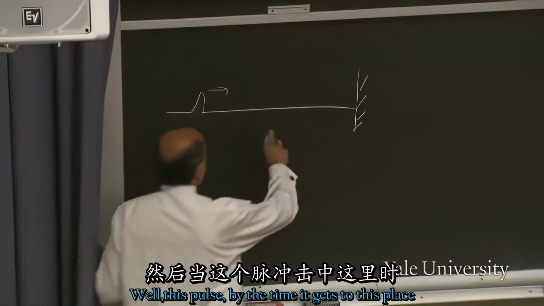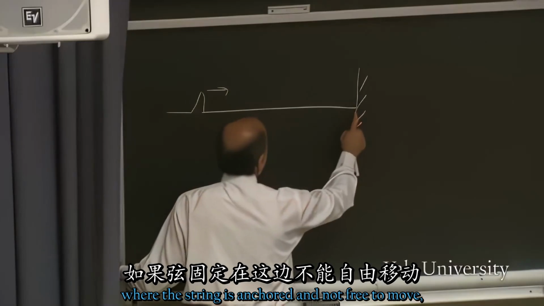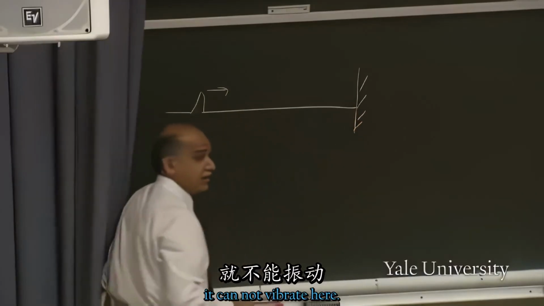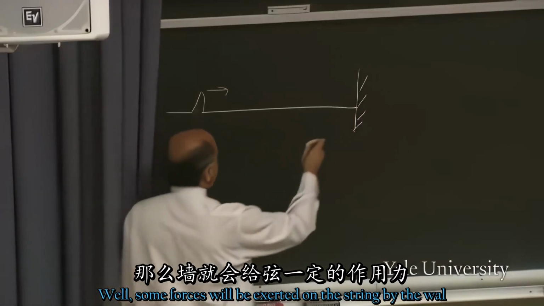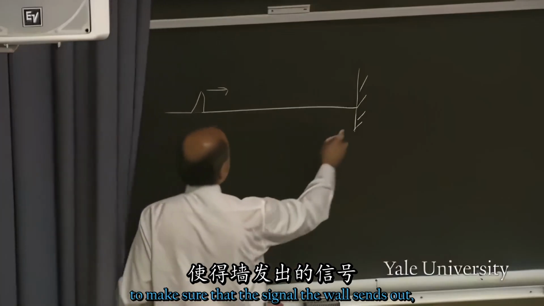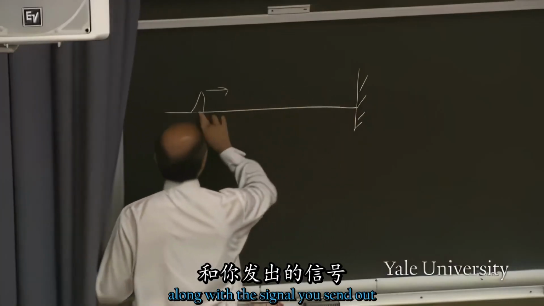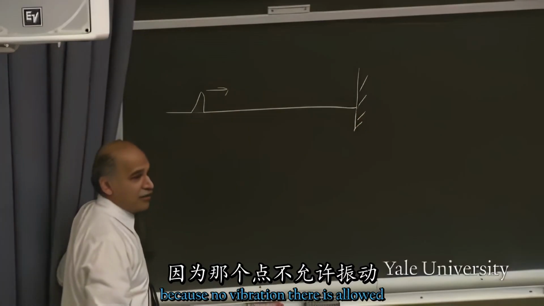Well, this pulse, by the time it gets to this place where the string is anchored and not free to move, it cannot vibrate here. So how is that going to happen? Well, some forces will be exerted on the string by the wall to make sure that the signal the wall sends out, along with the signal you send out, add up to 0 at the point of contact, because no vibration there is allowed.